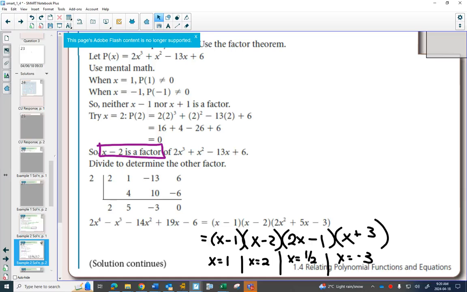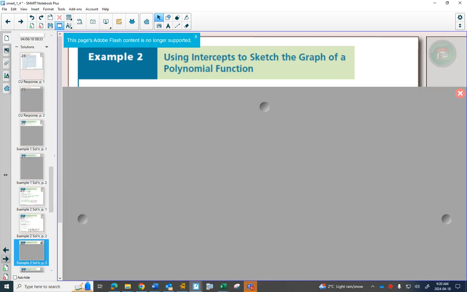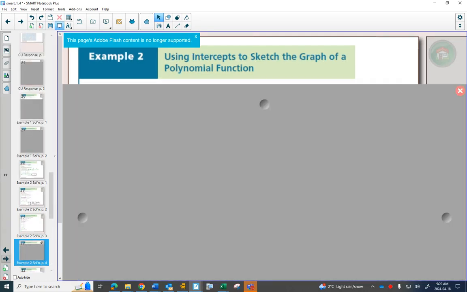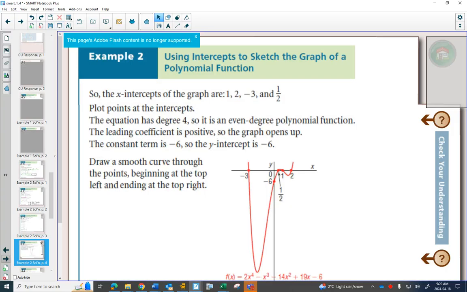This is enough to draw the graph. We'll skip all this, get to the graph part. So on the graph, we would label negative 3, 1/2, 1 and 2, and we would label the y-intercept.